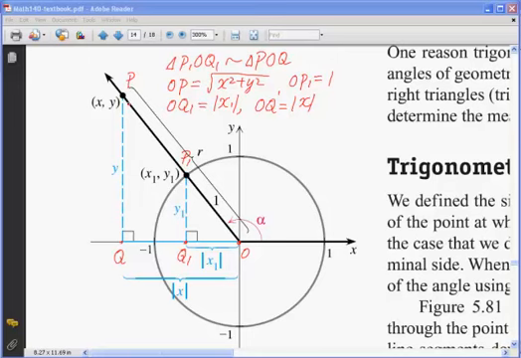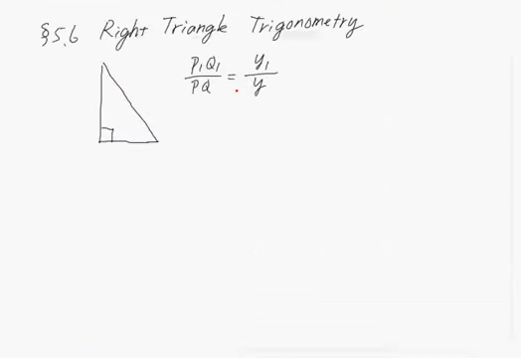And PQ, this is the y coordinate of the point P. So we have P1Q1, which is equal to y1, and PQ, which is equal to y, because in quadrant 2, both y1 and y are positive. And this is equal to OP1 over OP.